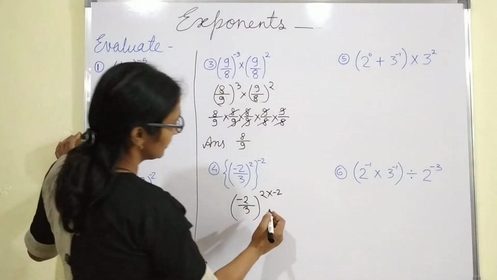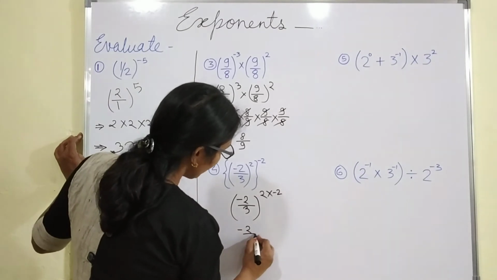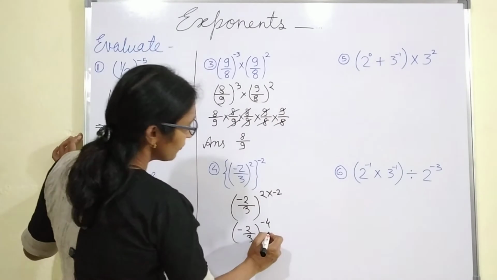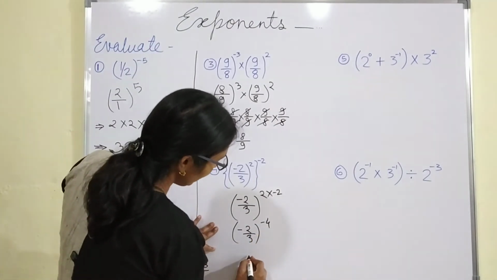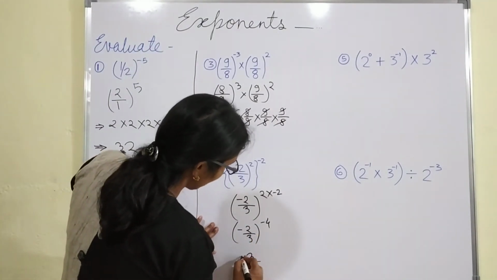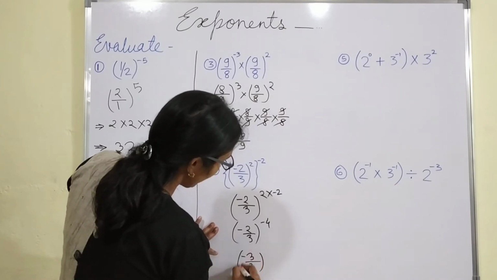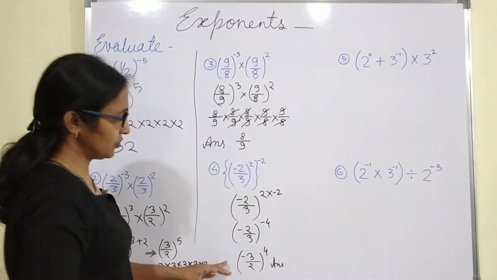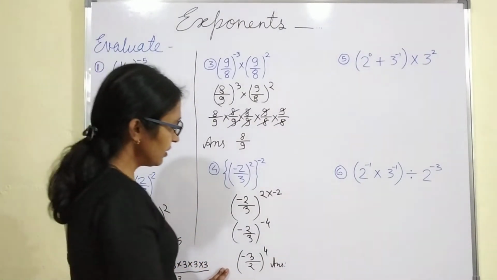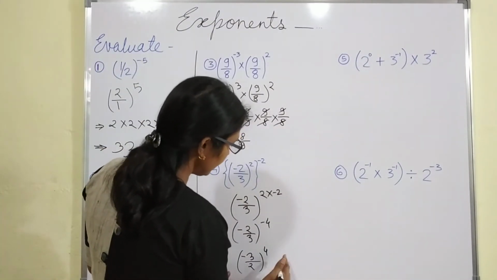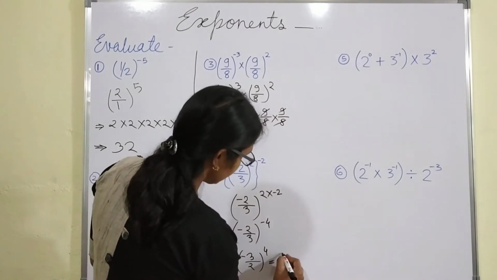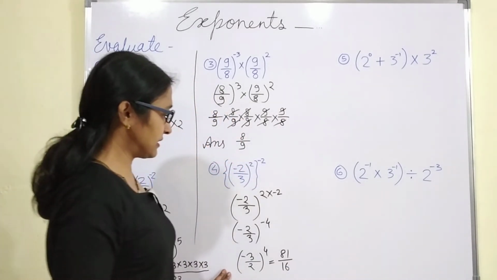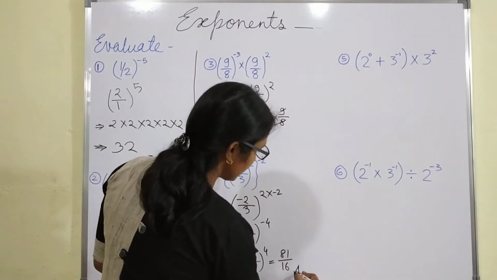So, minus 2 upon 3 power minus 4. 2 twos are 4, minus 4. Now we will make the power positive. Minus 3 upon 2 power 4 is your answer. Otherwise you can write 81 upon 16. You can write the answer in both ways.